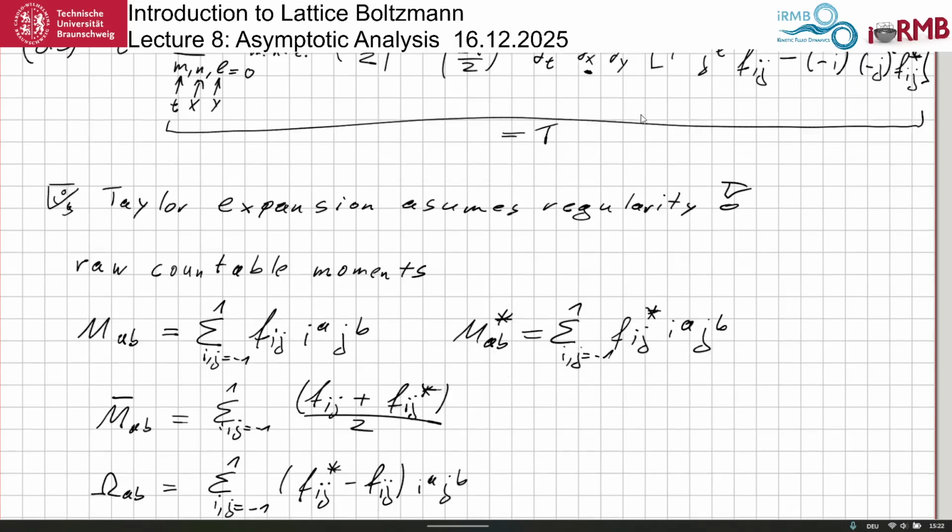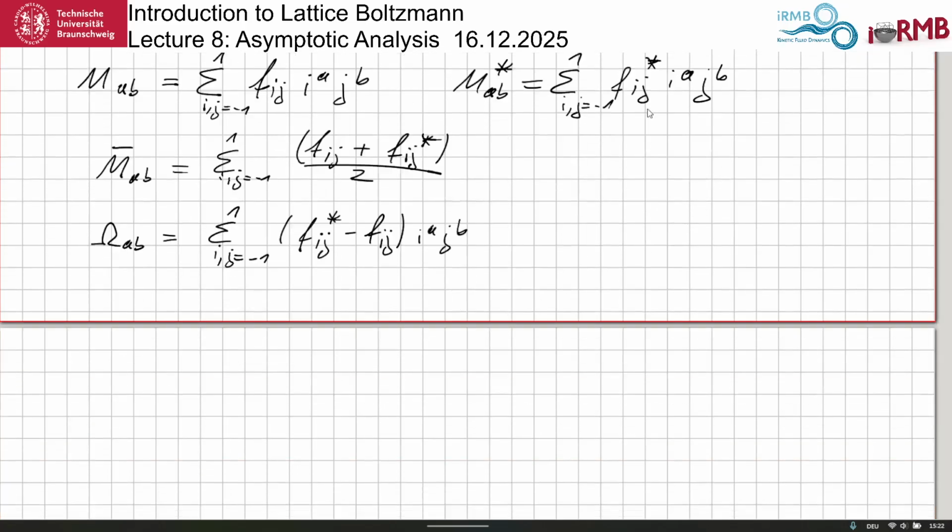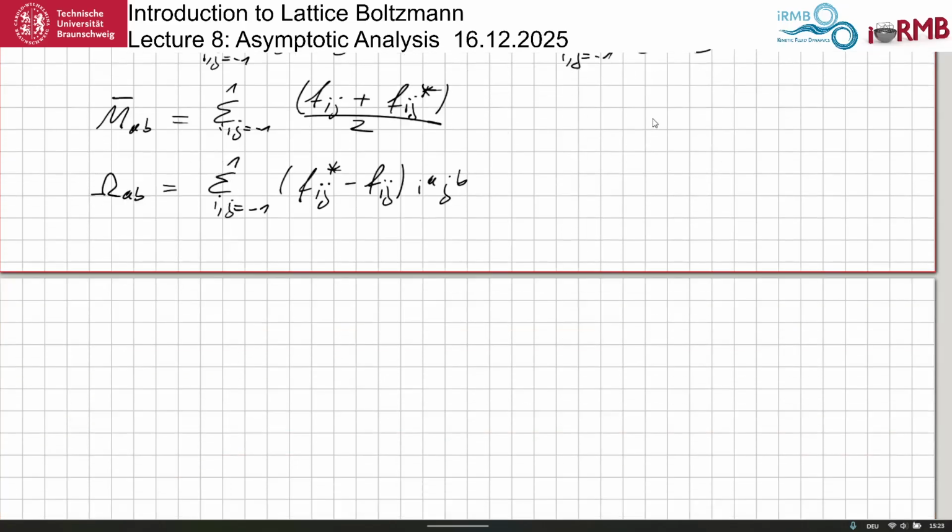So we can take the moments of the lattice Boltzmann equation, and we can take the moments of the Taylor expanded lattice Boltzmann equation. And that's what we are going to do. So we'll take moments of 8.3.